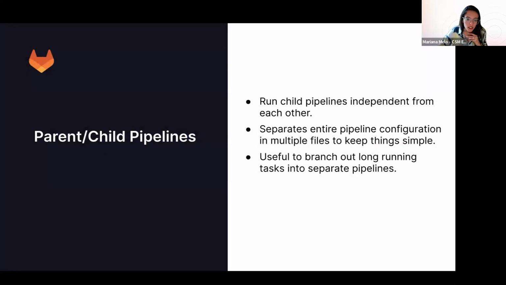Now moving forward with parent and child pipelines. They are very useful when you have a long stage structure where all steps in a stage must complete before the first job in the next stage begins, and it's costing a lot of time.